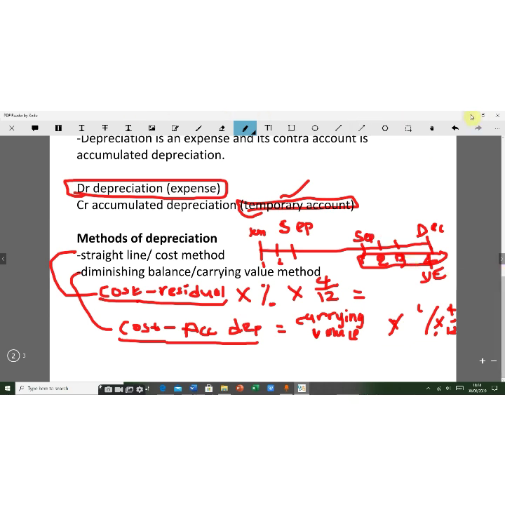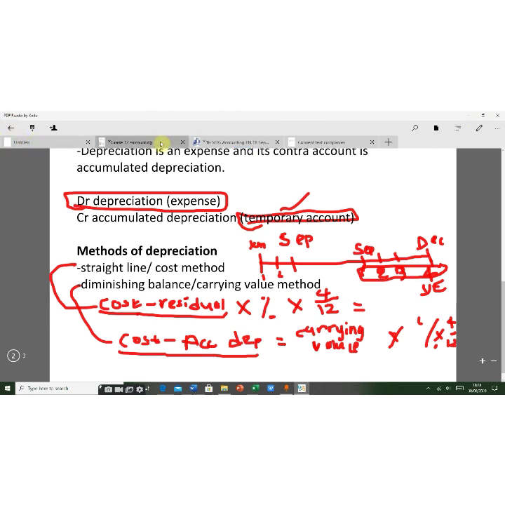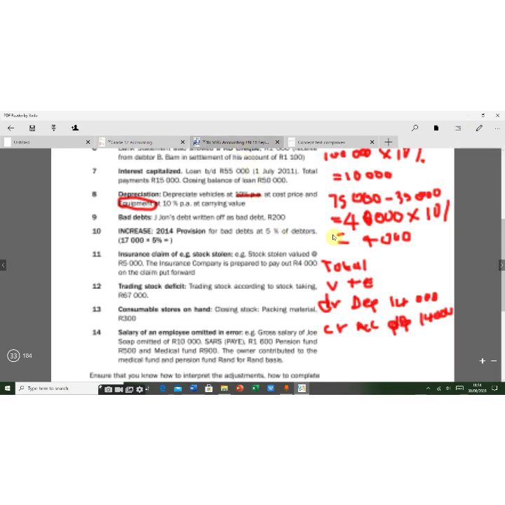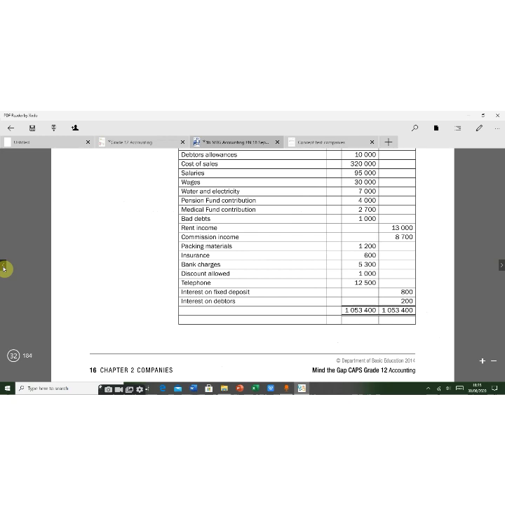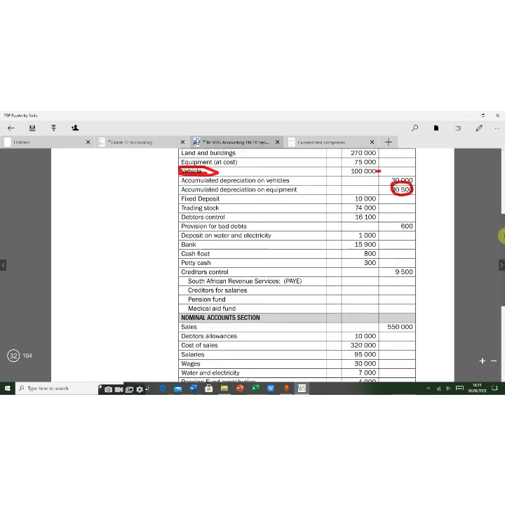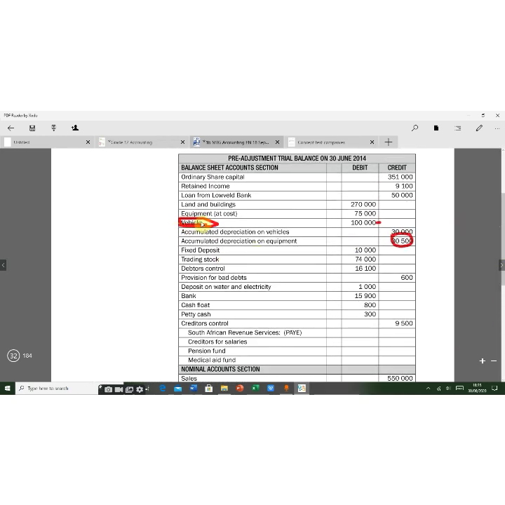Now let's go and look at an example. They say depreciate vehicles at 10% per annum at cost price, and then equipment at 10% per annum at carrying value. So now let's go and look at our pre-adjustment trial balance. Our pre-adjustment trial balance says our vehicles was 100,000 rands cost.